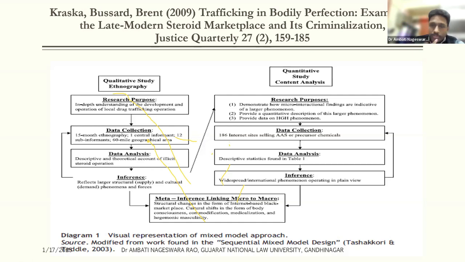He's not telling them, and ethically he did wrong, that he's conducting research on it. I'm not accepting that. But he just said, I want to improve myself, I want to look very good in front of girls or females, whatever it is. He's trying to convince people to get the source. So he conducted around 15 months of ethnographic research.